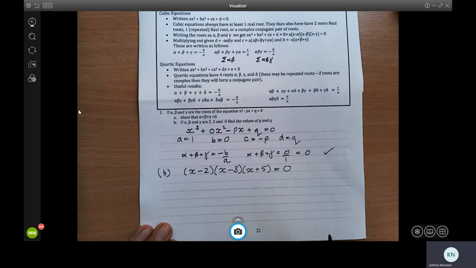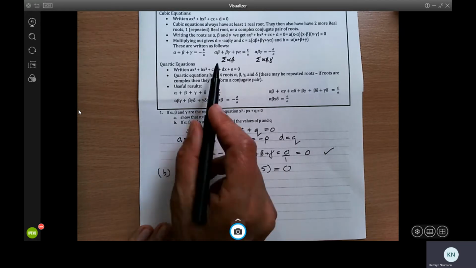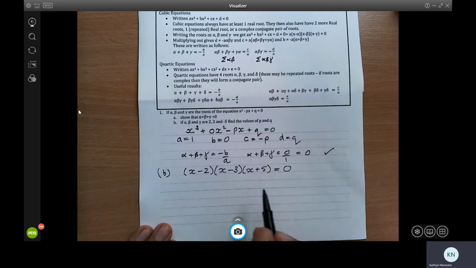But actually, that's not the way that we want to proceed with this. We're going to use these facts simply because sometimes you won't be able to use just multiplying out as a technique.